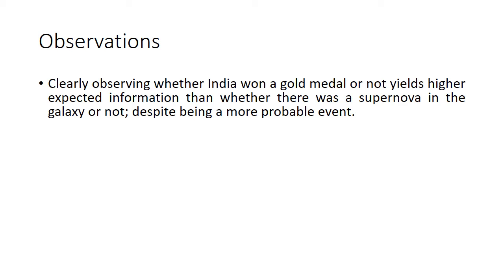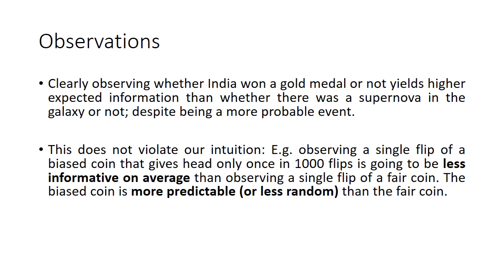So you might think that this is violating one of our intuitions, that events with lower probabilities have higher information values. Well, that is not the case here. We are not measuring specific events. All we are doing is measuring the expected value of a random variable. Let's take another example.